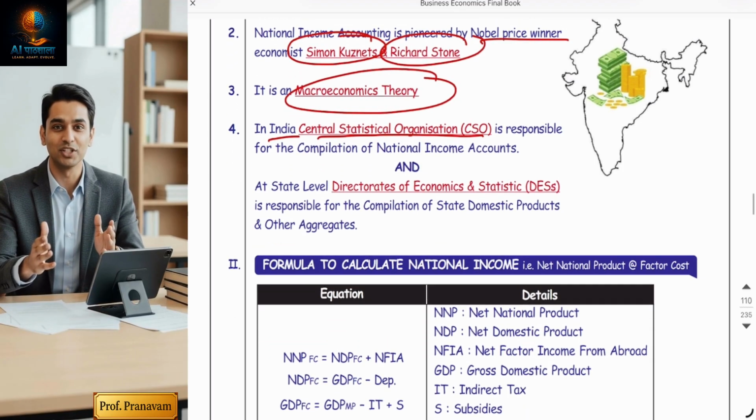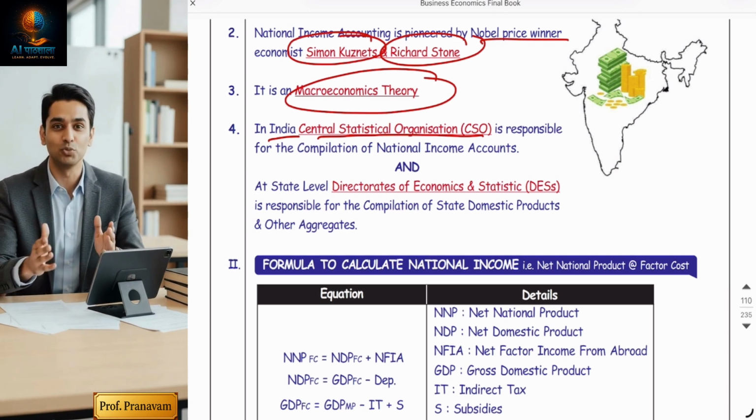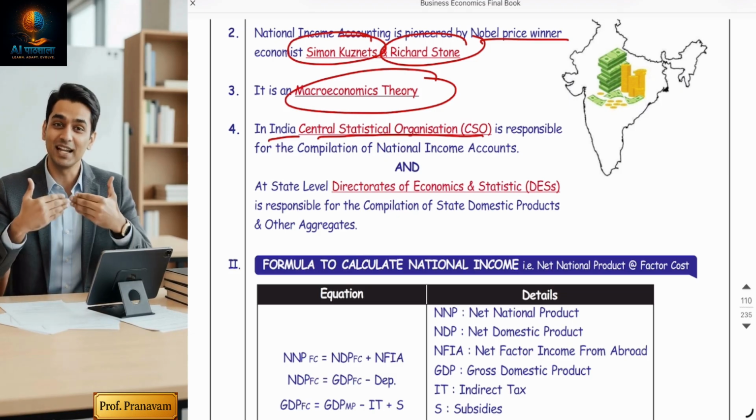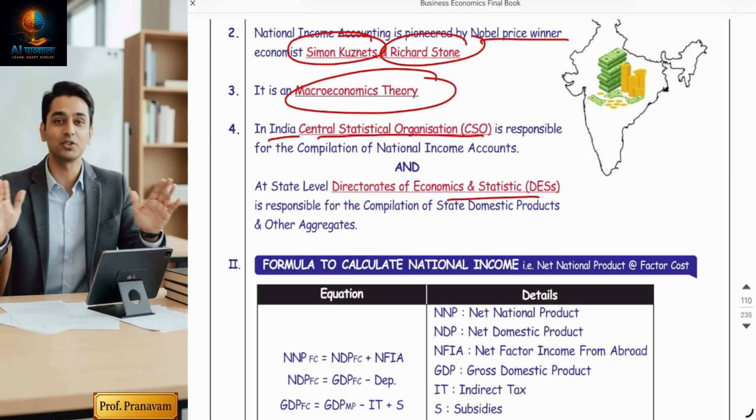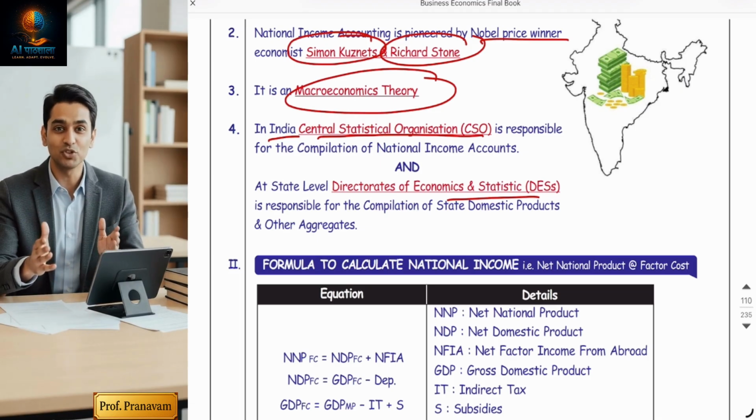Not only that, national income is nothing but the sum of all the states' incomes. So before national income, state incomes are counted. And at the state level, the Directorates of Economics and Statistics is responsible. They compile state domestic products and other state level aggregates.